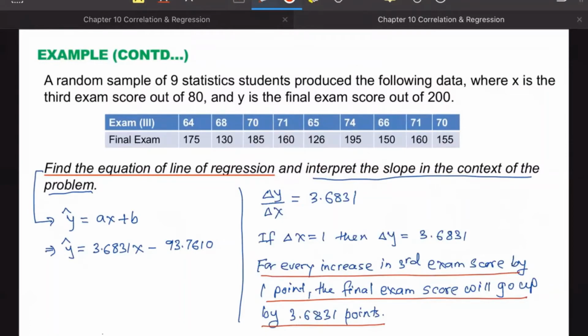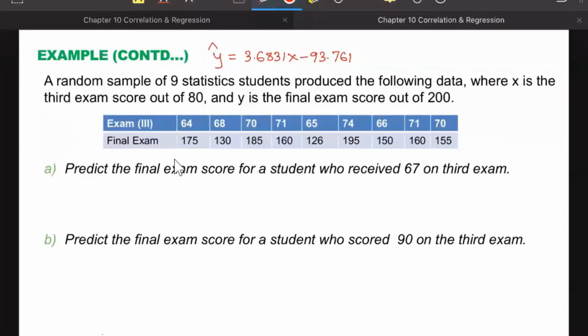Okay. So here in this part of the example, once we have the equation of the line of regression, we are asked to predict the final exam score for a student who received 67 on the third exam. If you look at the data, we don't have any student who obtained 67.